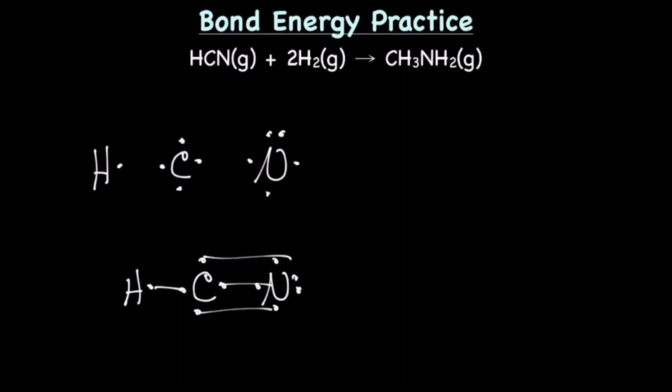Those can connect. So making this a little neater, we end up with H, C, N. Again, I'm not worrying about the valence electrons at this point.